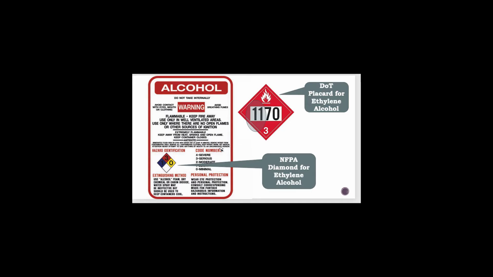So we're pulling these together. Now we have our warning label that's similar to the global harmonization system, but not completely. But the NFPA placard, or the NFPA diamond, is on there, and then the placard for ethyl alcohol is 1170. You already know, you should just see this already, you know a 3 is a flammable liquid.